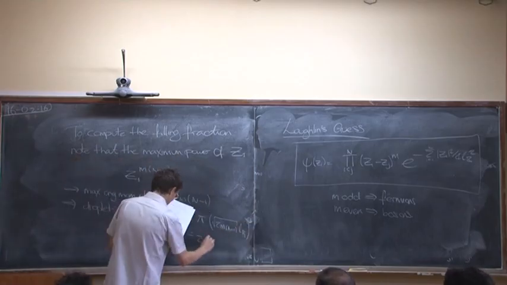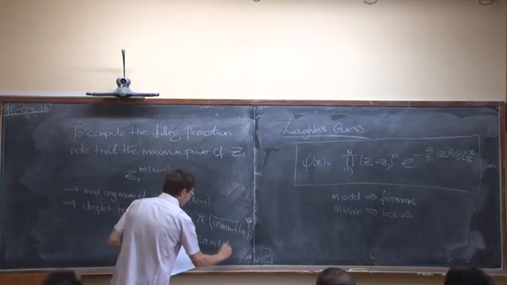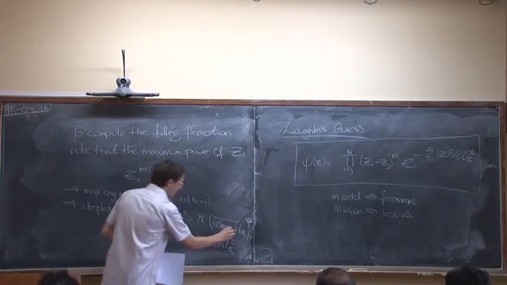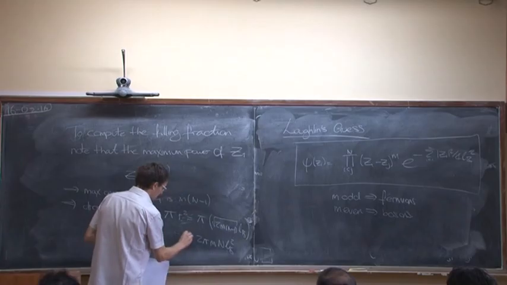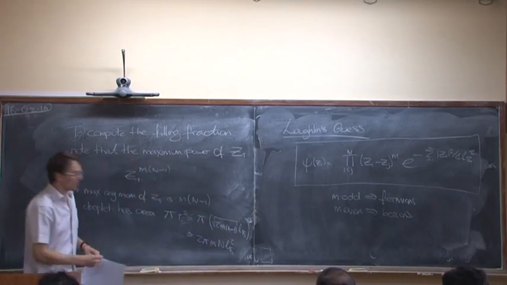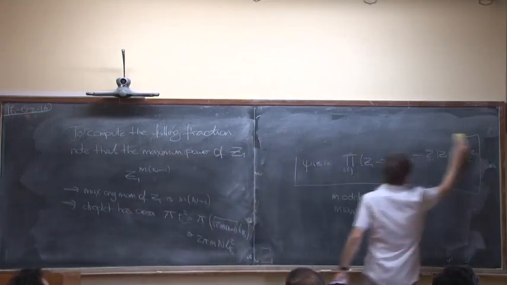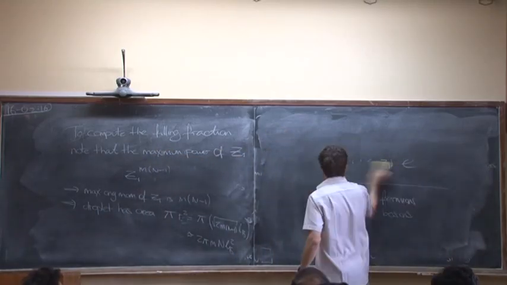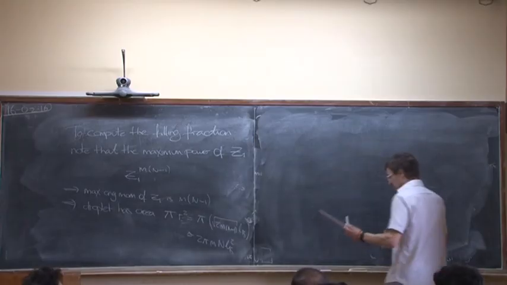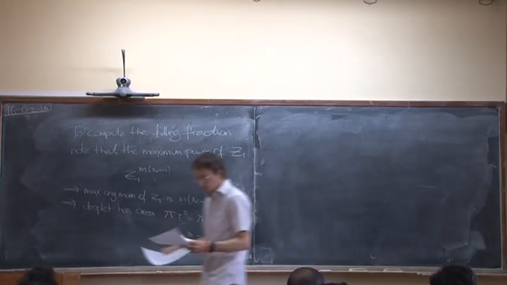Which is 2 pi m N l_B squared, where I replaced N minus 1 with N. Okay, so that's the area of the droplet.